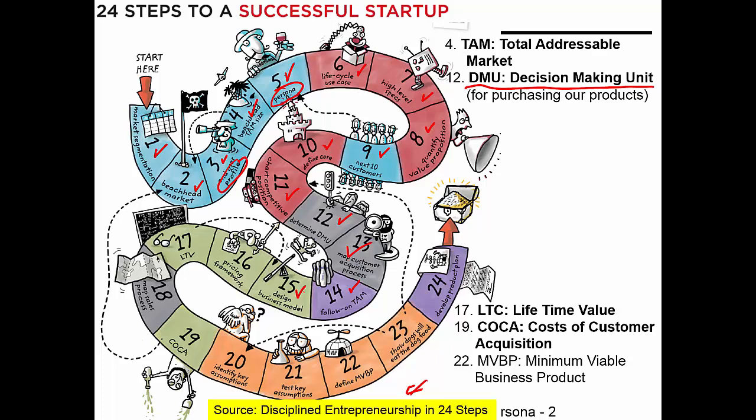We talk about Alex Osterwalder's business model, and this is the time to design it. And certainly, I would suggest that an alternative to this 24 steps is you may start with the design of the business model in the first place.